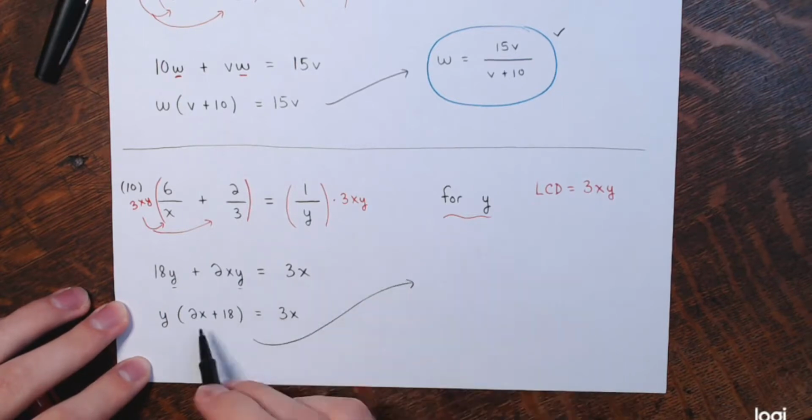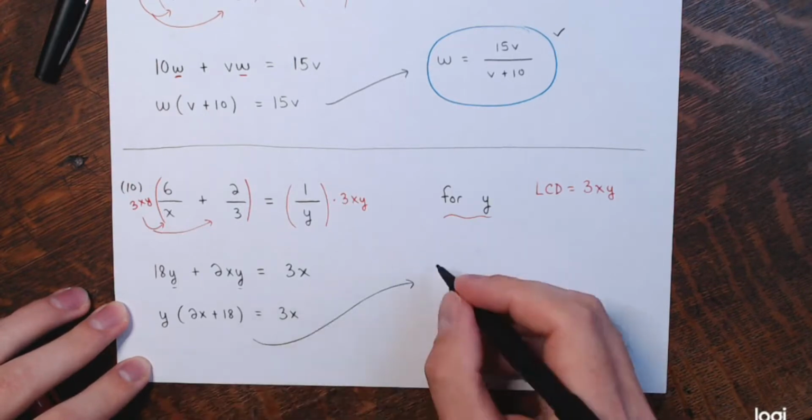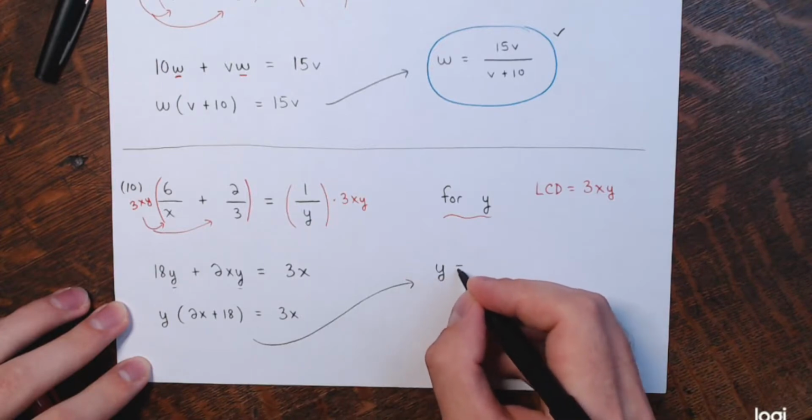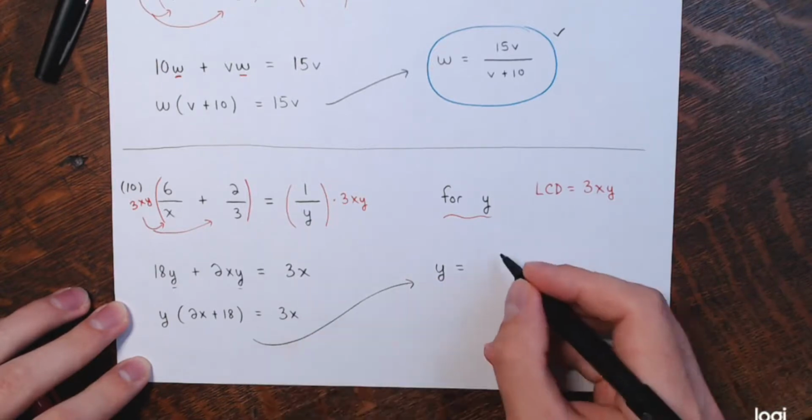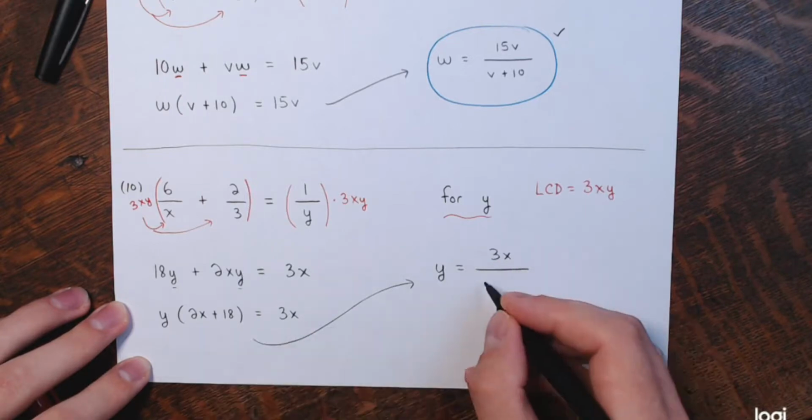And then to get y alone, I would divide both sides by this factor of 2x plus 18. So after doing that, we'd have y on one side, and on the other side, it'd be 3x over 2x plus 18.